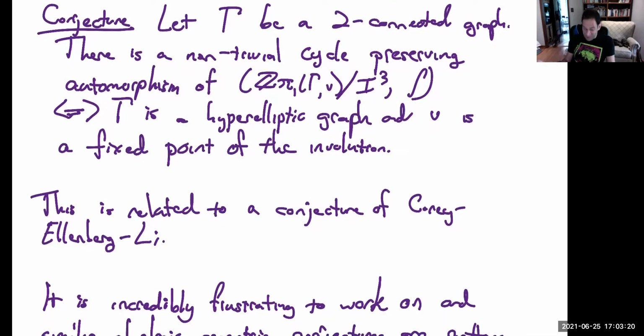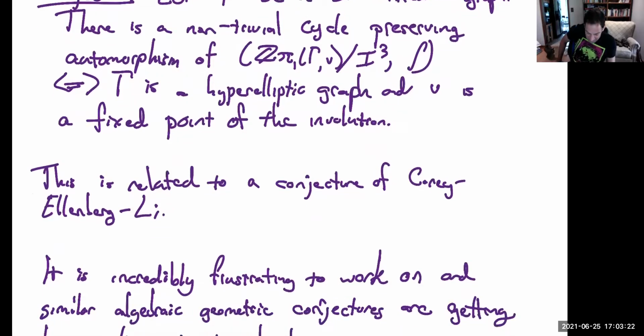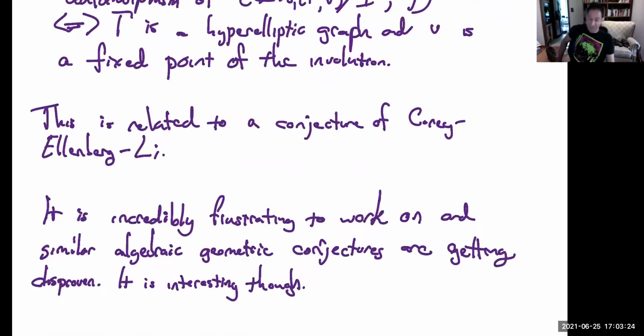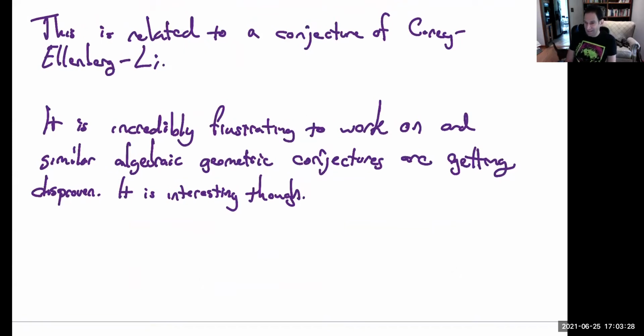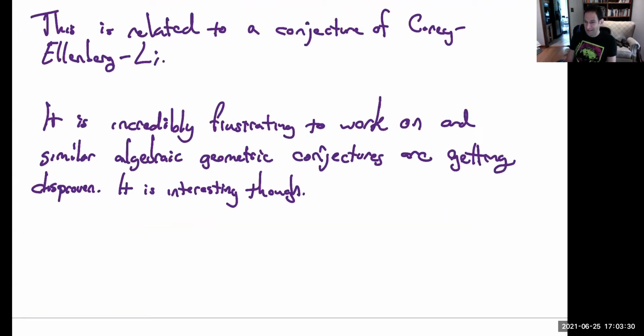Anyway, it's interesting stuff, and this conjecture is incredibly frustrating to work on. I've spent a lot of time on it. I've tried a combinatorial approach, and you just get stuck. This unipotent data is somehow so scrambled that you just can't get a handle on it.